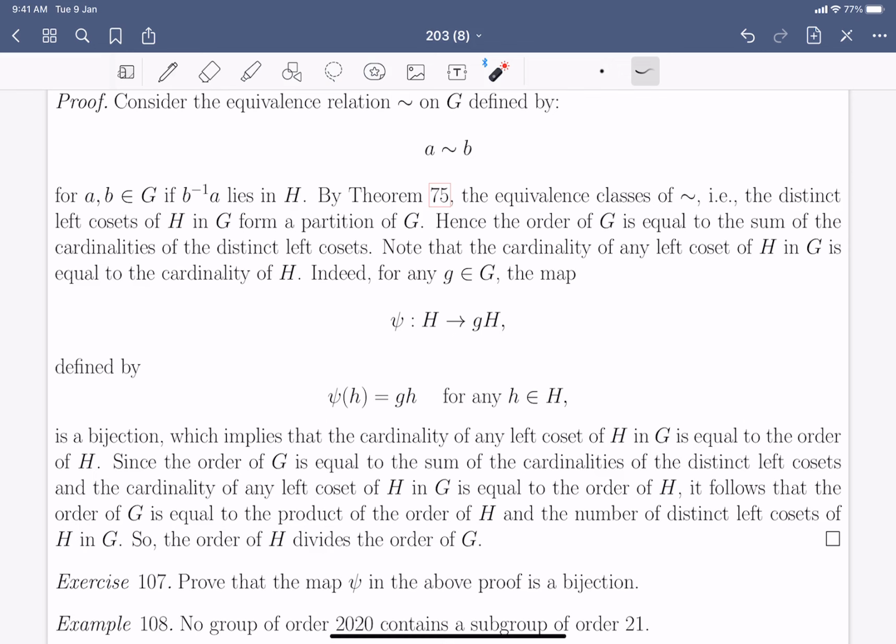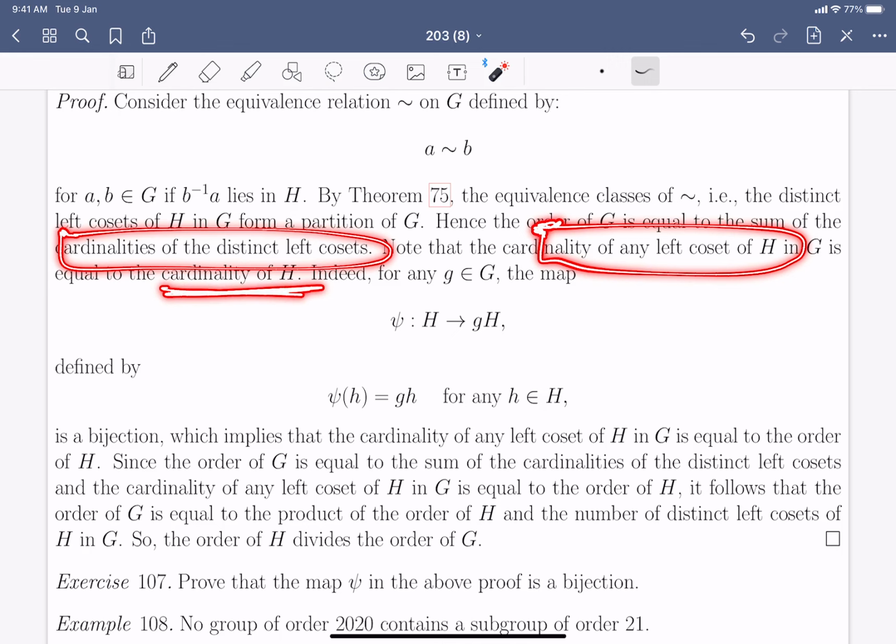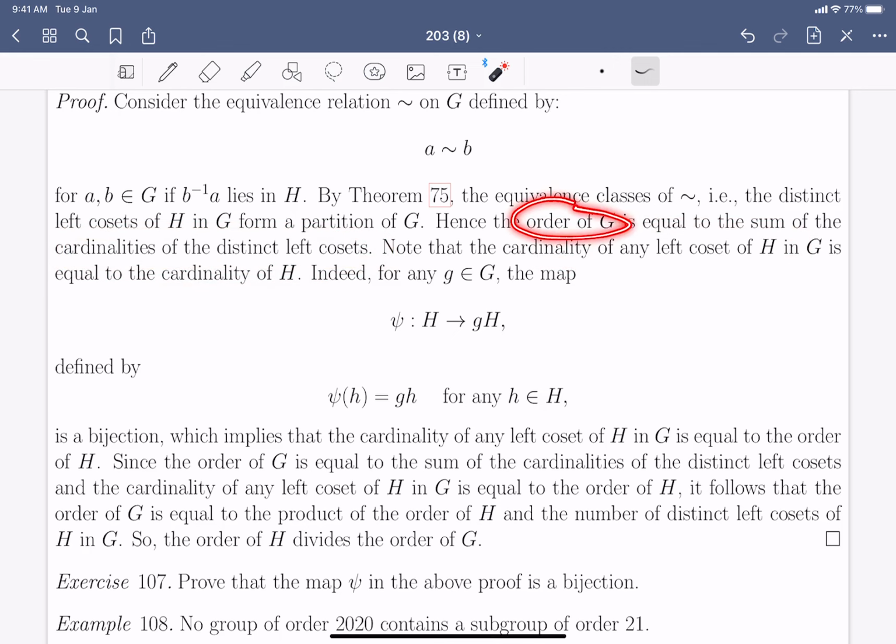The order of G is a sum of certain integers, the cardinalities of the distinct left cosets, and we are claiming that these are all the same, in fact equal to the cardinality of H. So it is immediate that the order of G is equal to the cardinality of H times the number of distinct left cosets.